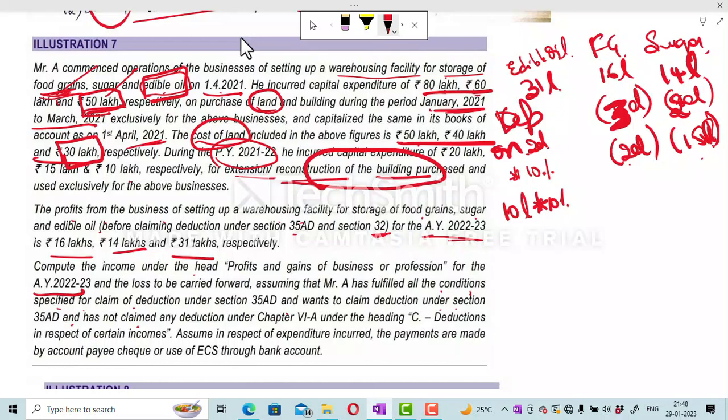Assume in respect of expenditure incurred, payments are made by account payee cheque or use of ECS through bank payment. So this is the only information.